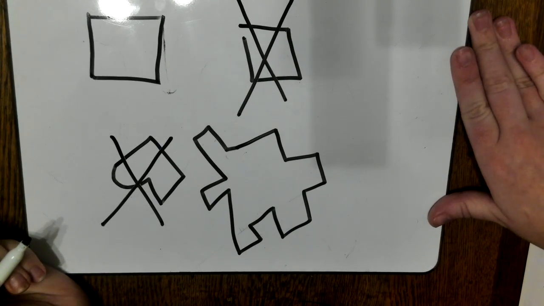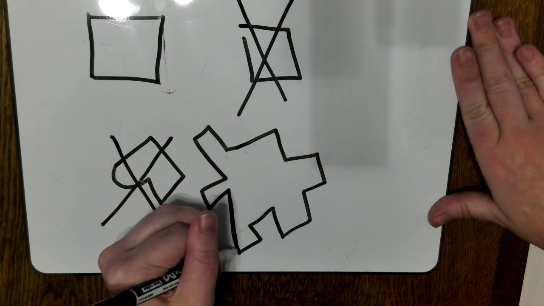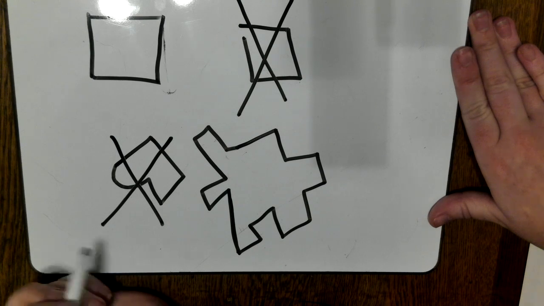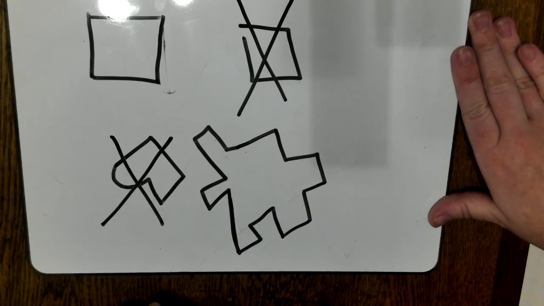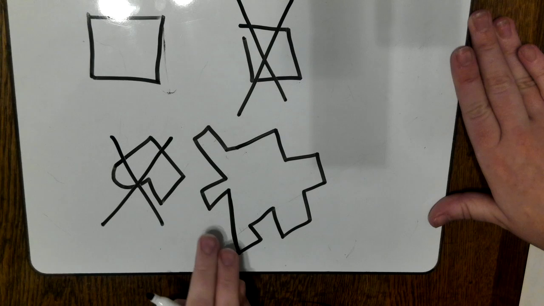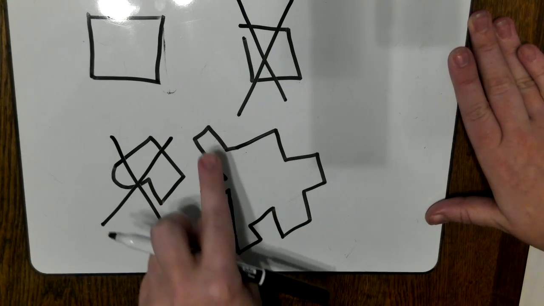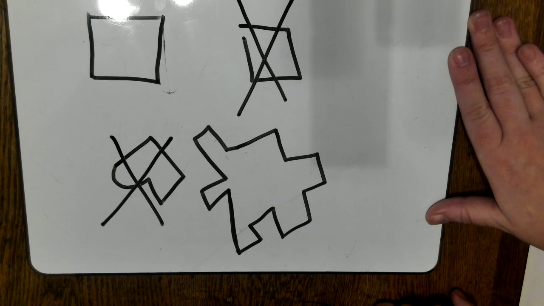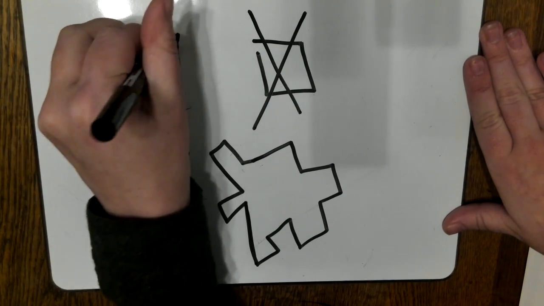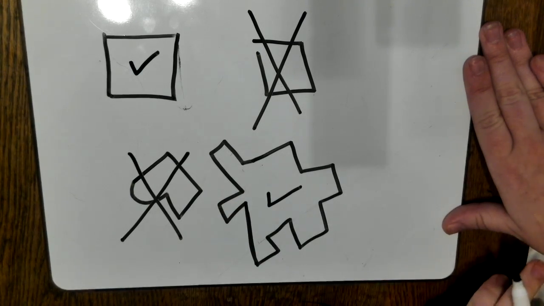Would this be a polygon? Yes, it would. It's a flat figure. It's closed, there are no gaps, and all of the sides are straight. Very good.